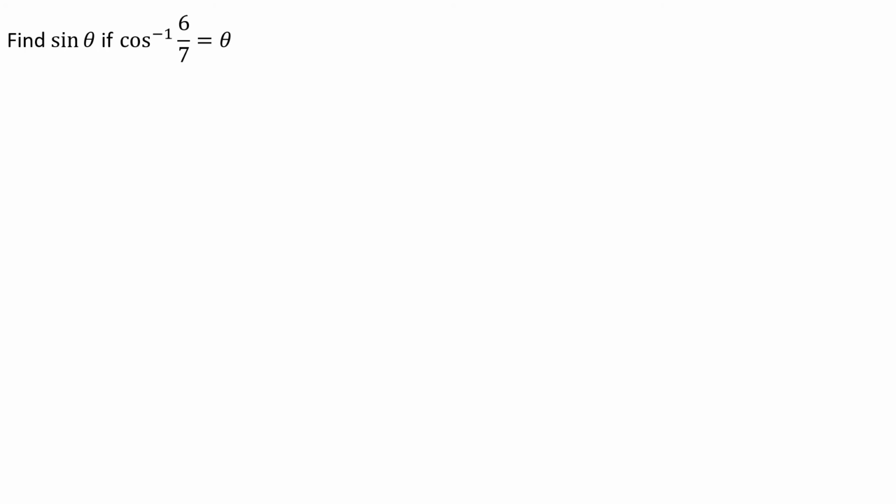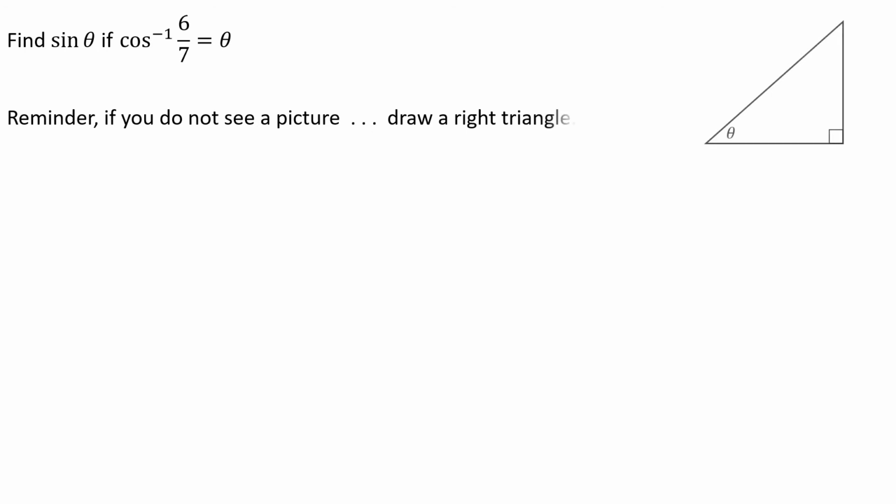Find the sine of theta if arc cosine of 6/7 equals theta. Well, boy, I don't even know where to get started. What do I do? If you don't see a picture, draw a right triangle.